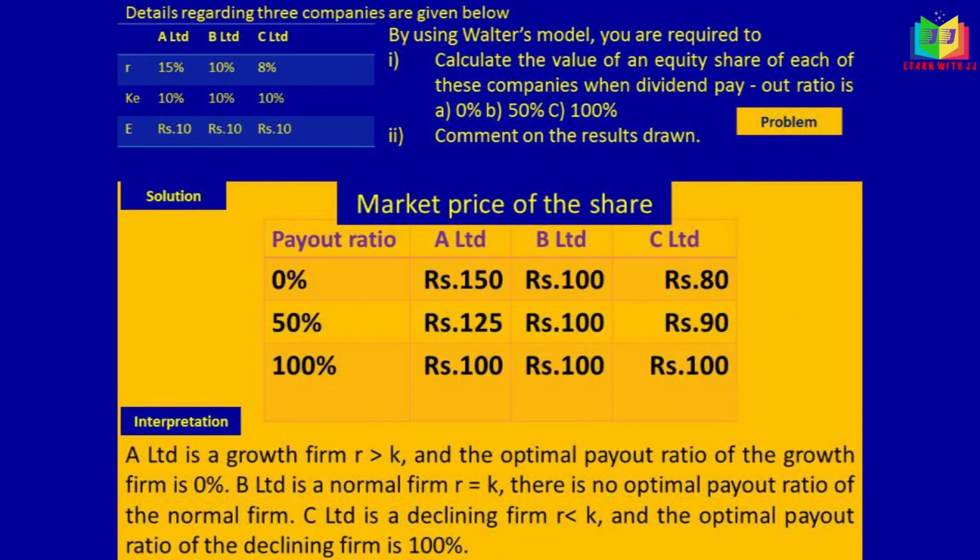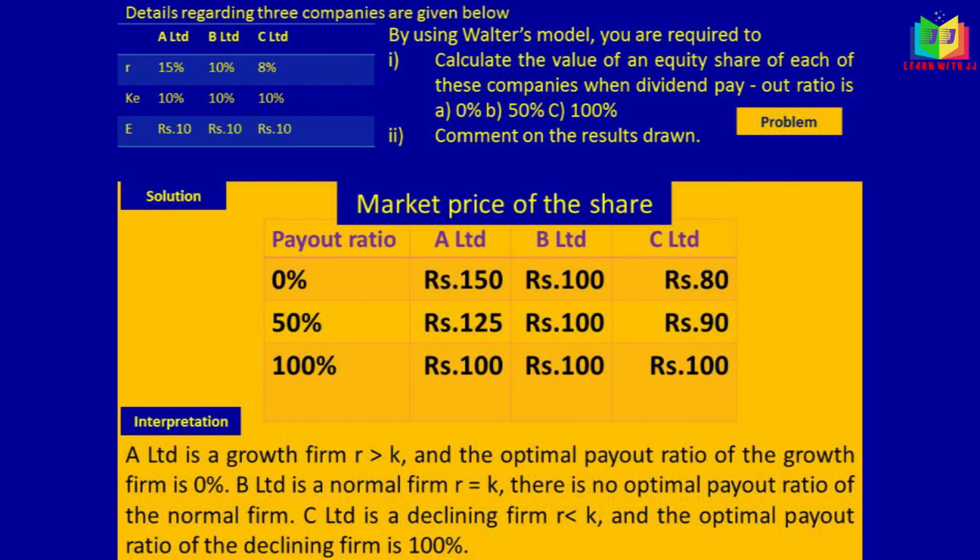For 0% payout, A Limited market price is 150, for B Limited it is 100 and for C Limited it is 80. We already saw that A Limited is a growth firm since R is greater than K, and we know the optimum payout for a growth firm is 0%.